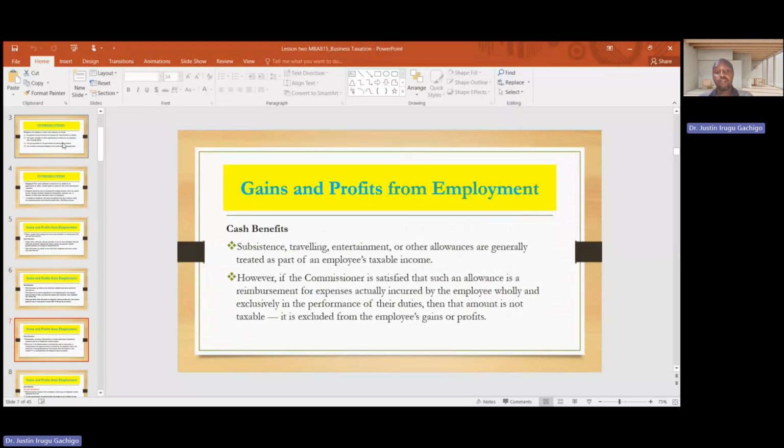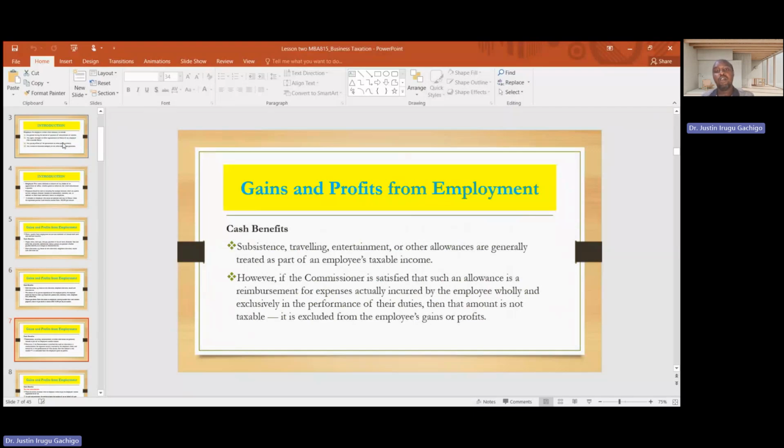That is 5,000. So you have provided evidence that you used that amount for traveling purposes only. You do not benefit from that amount. Maybe you paid 1,000 to Mombasa and another 1,000 to Nairobi, then you saved 3,000. If you are able to provide evidence that you indeed used the whole amount traveling to perform the duty that you were entrusted with by your employer, then that is not going to be taxed. It is similar to entertainment.